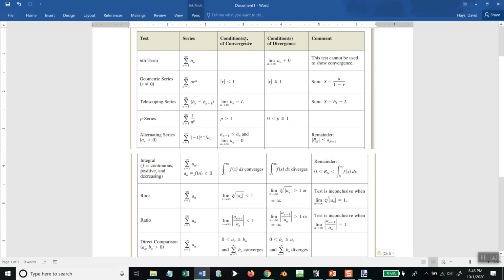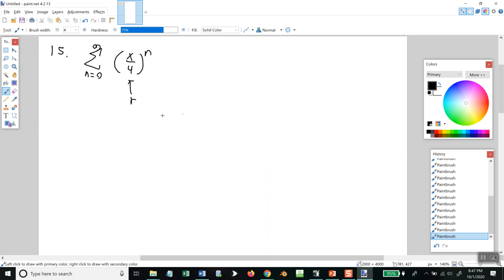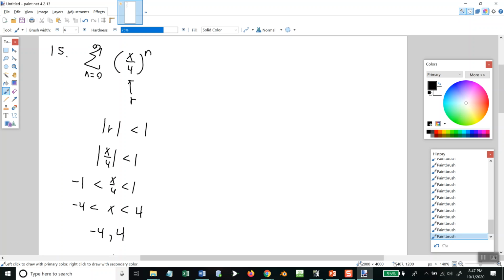So that'd be our R. And it says where it converges is where the absolute value of R is less than 1. So we have the absolute value of x over 4 is less than 1, which becomes -1 is less than x over 4 is less than 1. Multiply by 4, and we got -4 is less than x is less than +4. So we know that's where it's converging.